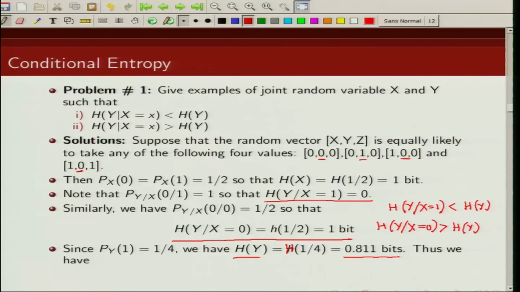So hence we have shown that conditioning on a particular event, it is possible that the uncertainty in y may become more than the uncertainty in y without conditioning on this event, or, in the other case, conditioning on a particular event can reduce the uncertainty in y.